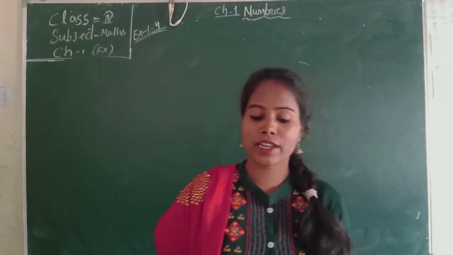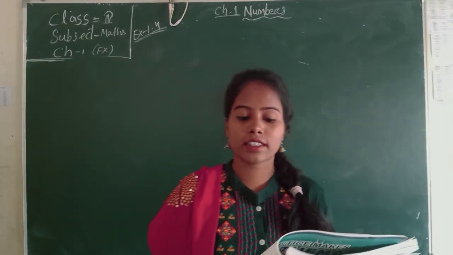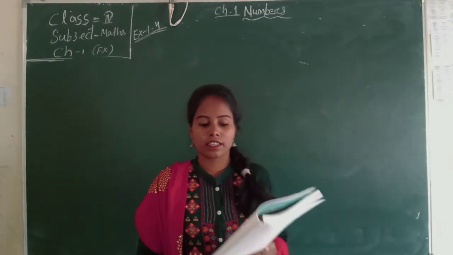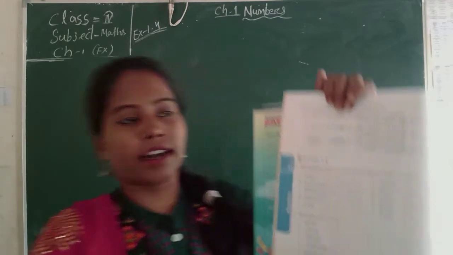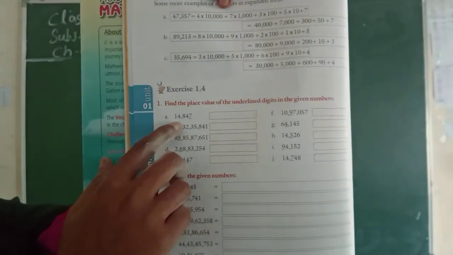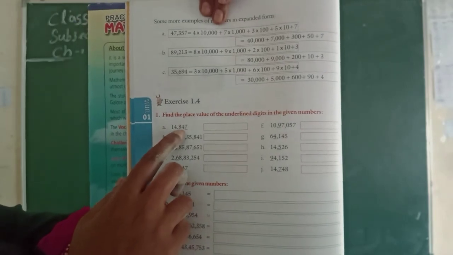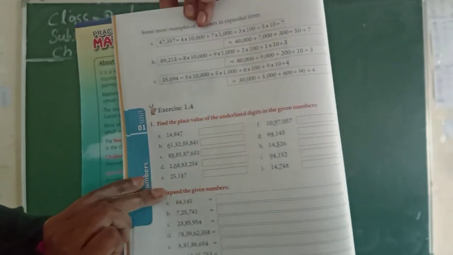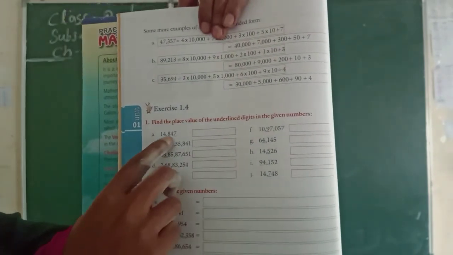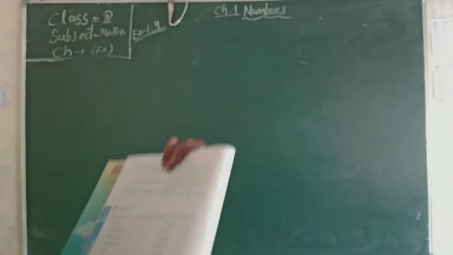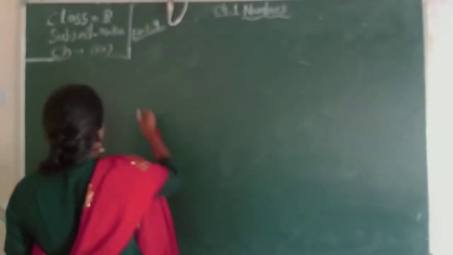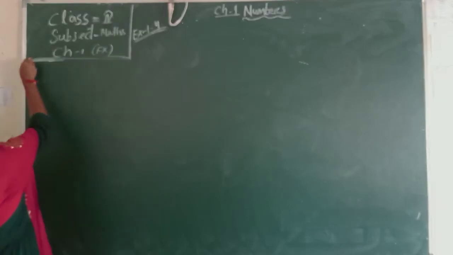Find the place value of the underlined digit in the given numbers. Here some numbers are given and in these numbers some digits are underlined. For this underlined digit you have to find out the place value. I already told you.